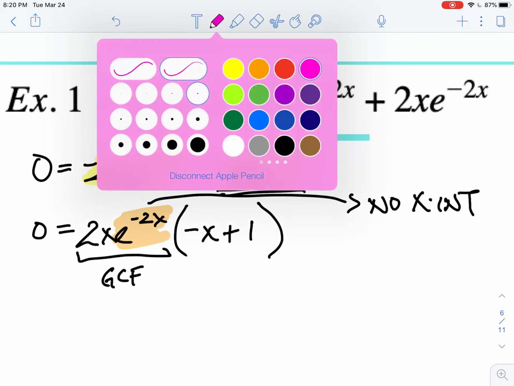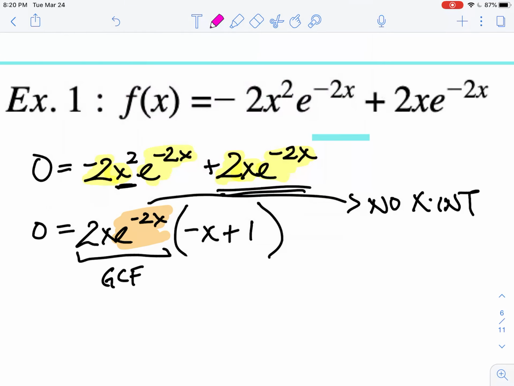What that means is the other parts of the function are going to be responsible for the x-intercepts. I've got this front part here, 2x, and 2x can equal 0 when x equals 0. So if you graph it on Desmos, that should be one of the x-intercepts.